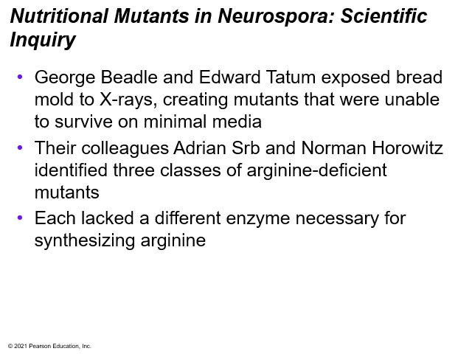Srb and Horowitz took Beadle and Tatum's work a step further, and they started examining specific mutants, specific mutations. They studied an arginine-deficient mutant, meaning that this mutant was incapable of synthesizing its own arginine.